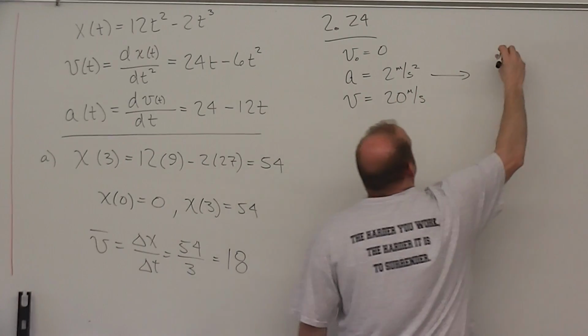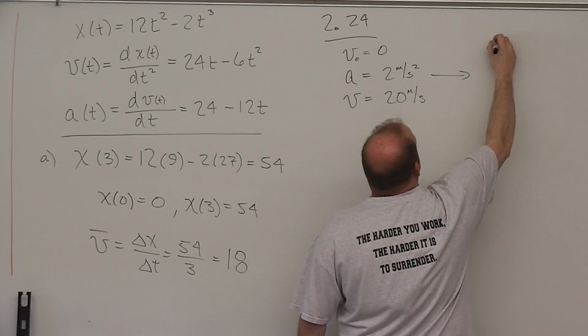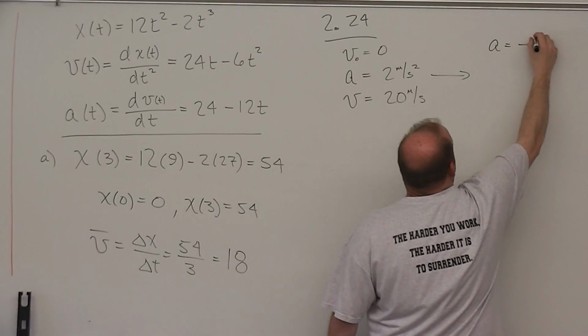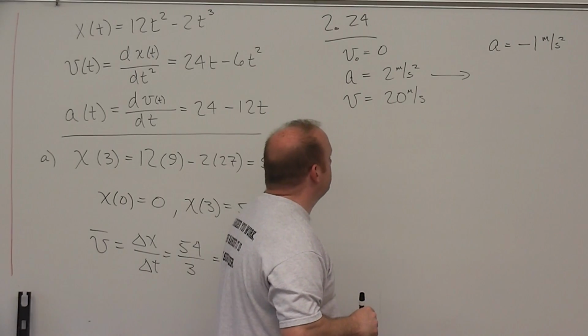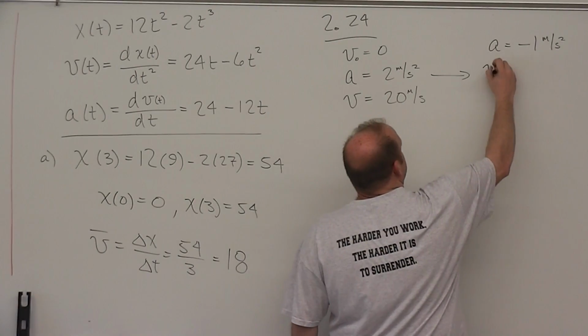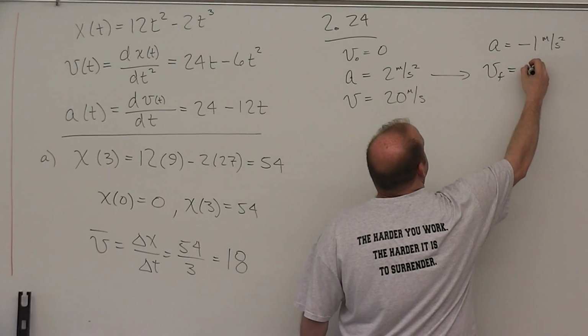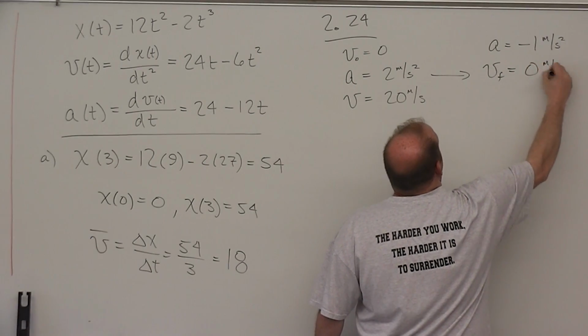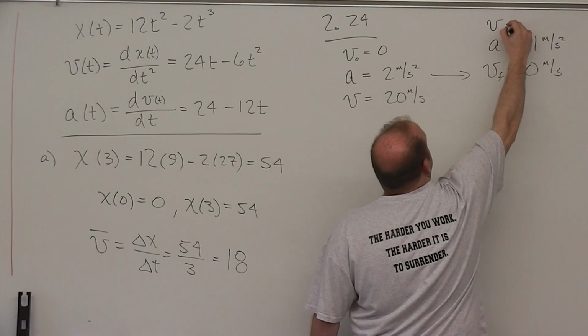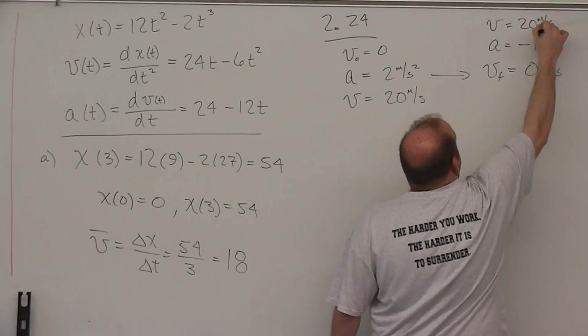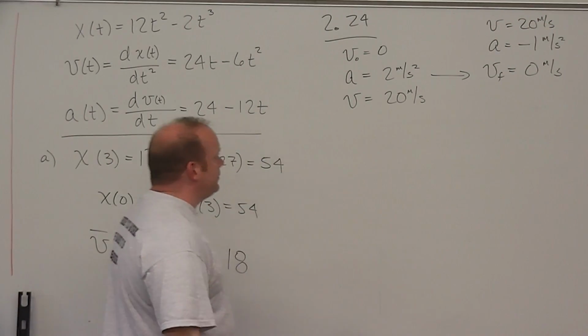Then the acceleration will equal negative 1 meter per second squared because it's slowing down in the positive direction. My final velocity will equal 0. By the way, my initial velocity over this time period is still 20 meters per second. Okay, so I want to figure out how far it goes.